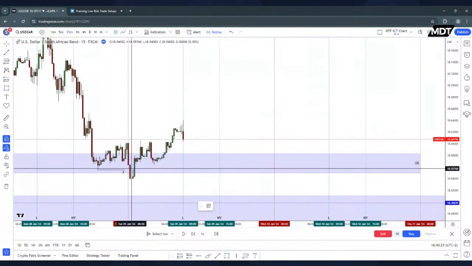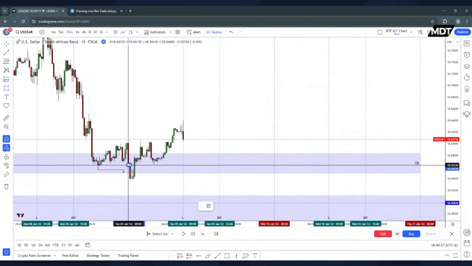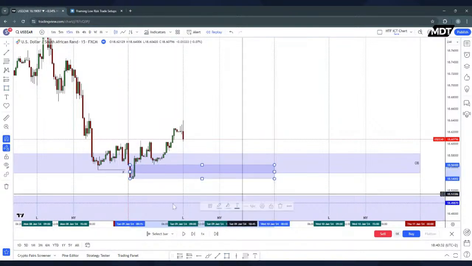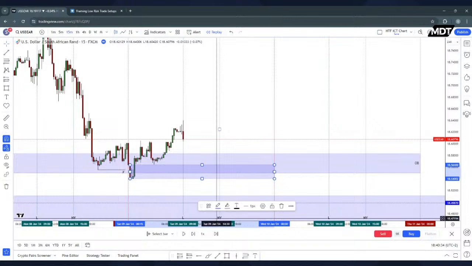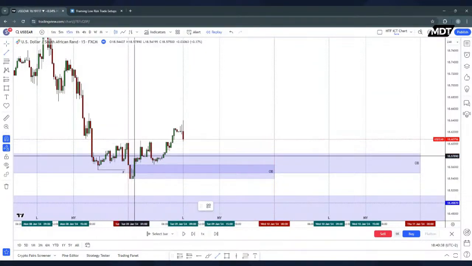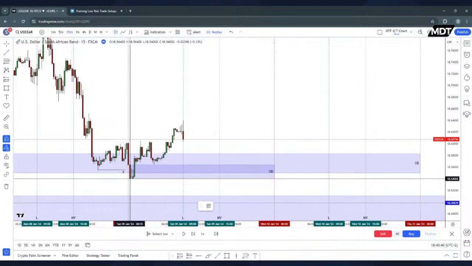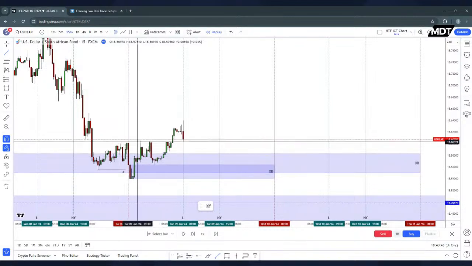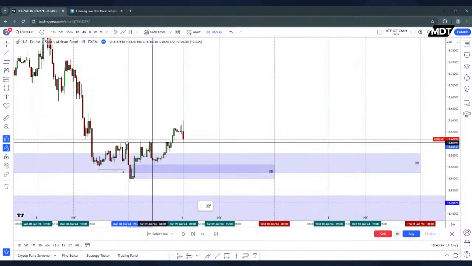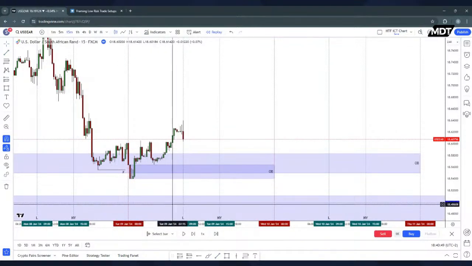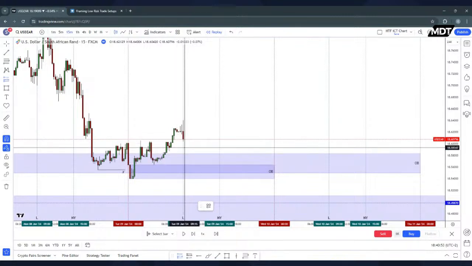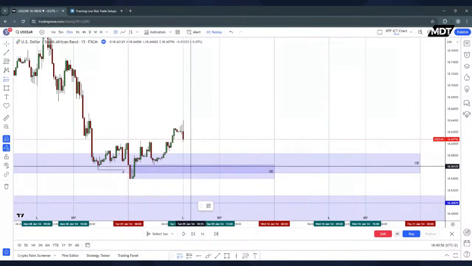We formed this 15-minute order block that I'll just extend to the end of the day. And we've had, I guess, the subsequent invalidation here where we ran through that, but have now run higher. So yeah, it meets the criteria. We're within that London kill zone.